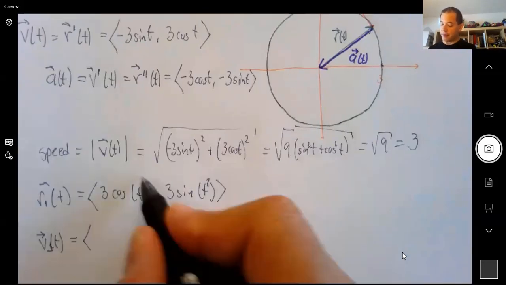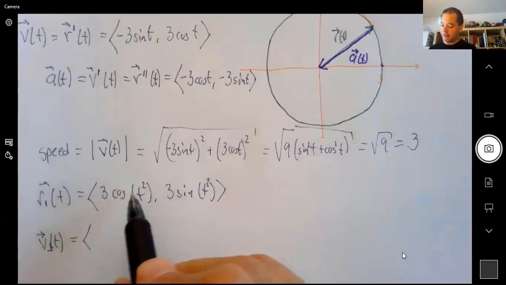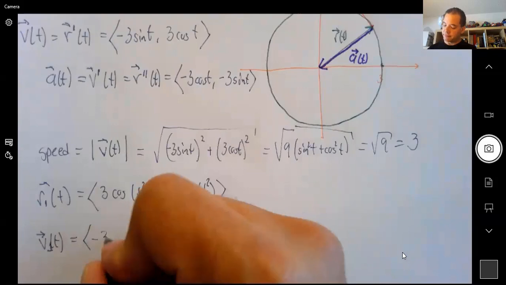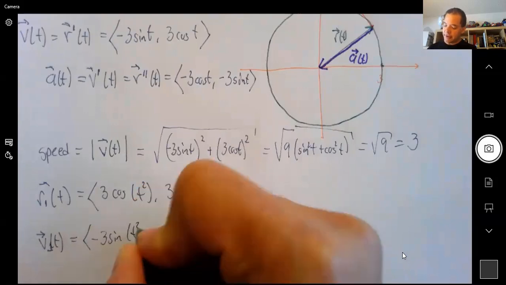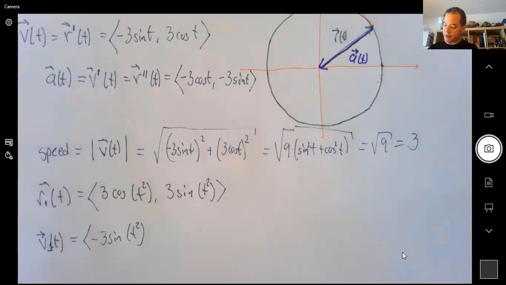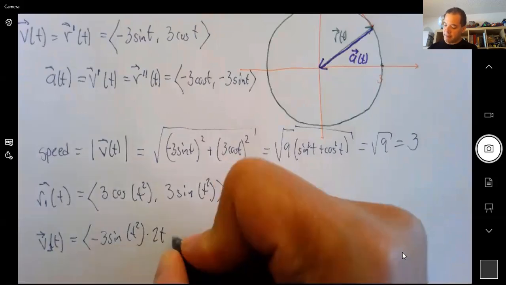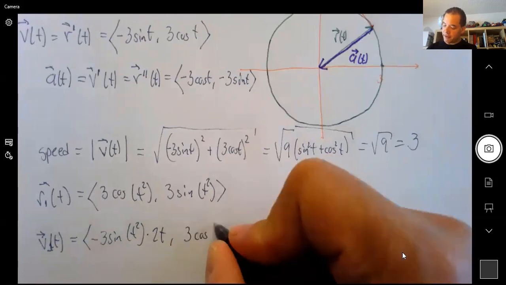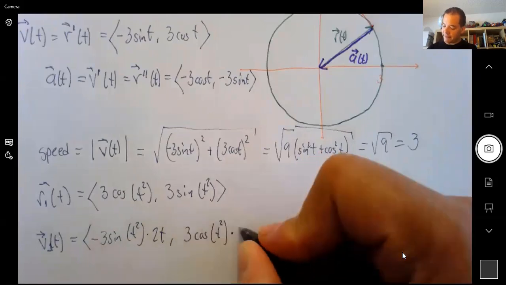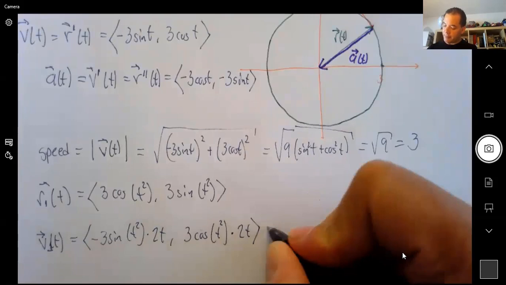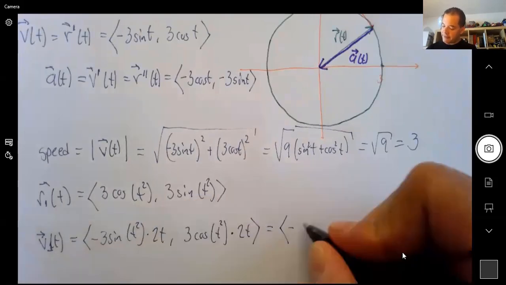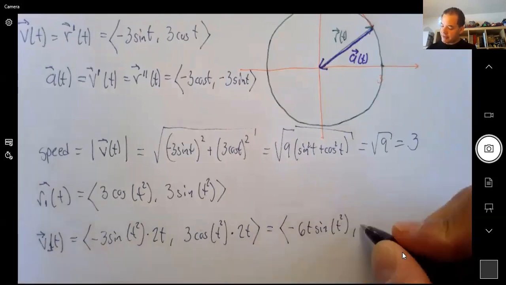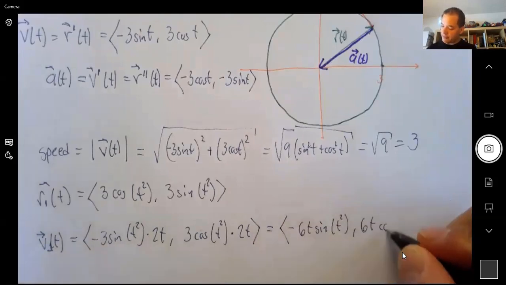So it's 3, then the derivative of cosine is negative sine, but then times the derivative of t squared, which is 2t. Similarly here, it will be 3 cosine t² times 2t. So this ends up being (-6t sine of t², 6t cosine of t²).